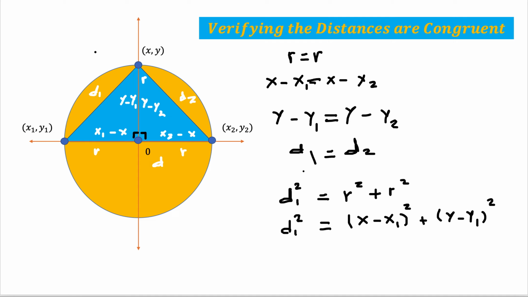So we already verified the distances of the triangle. The hypotenuse here is equal to the other hypotenuse, so d1 is equal to d2.